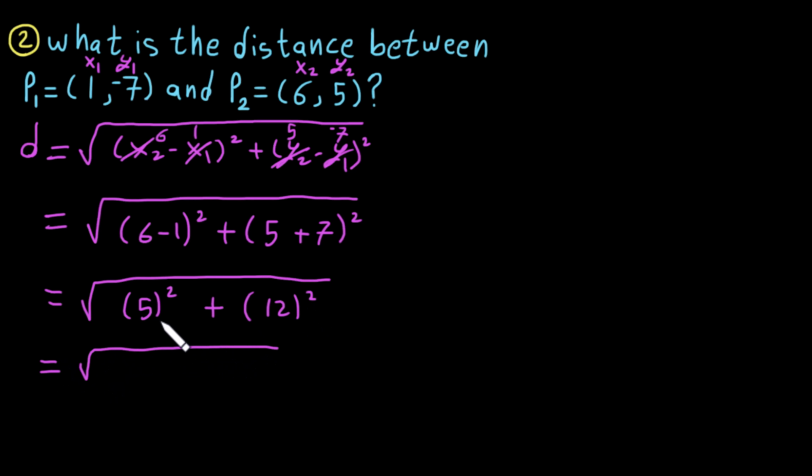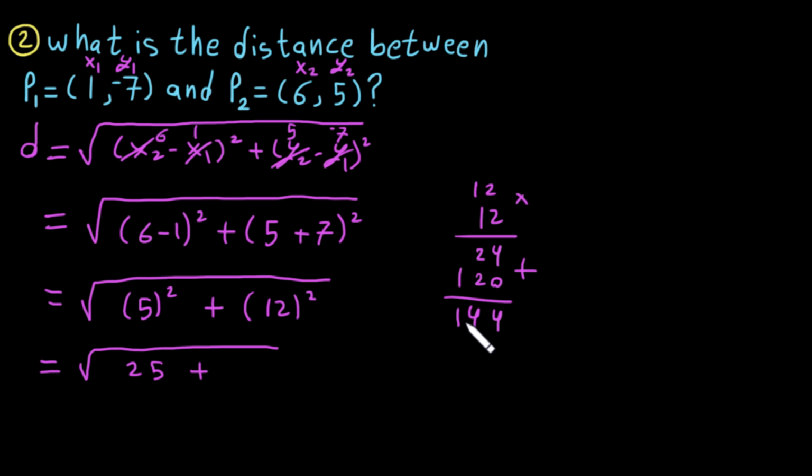This equals the square root of 5 square, which is 25, plus 12 square, which we compute like this, 12 multiplied by 12. 2 multiplied by 2 is 4, 2 multiplied by 1 is 2. Here we write 0, then 1 multiplied by 2 is 2, 1 multiplied by 1 is 1. Now adding this, 4 plus 0 is 4, 2 plus 2 is 4, and 1 here.